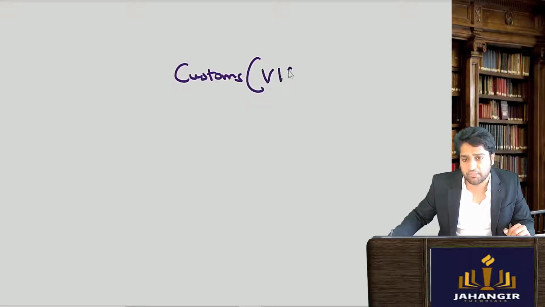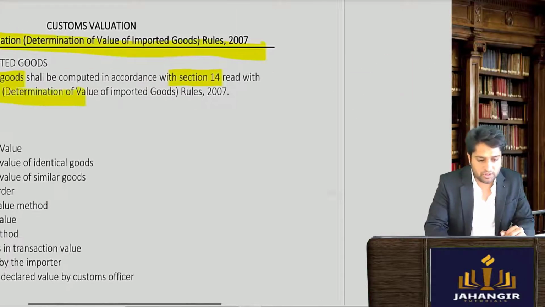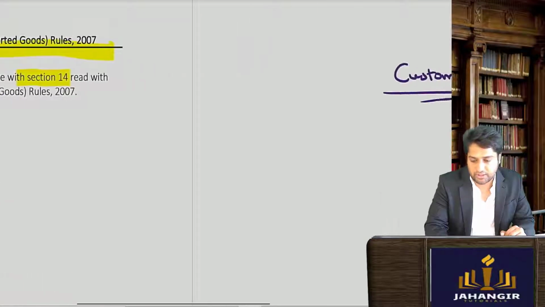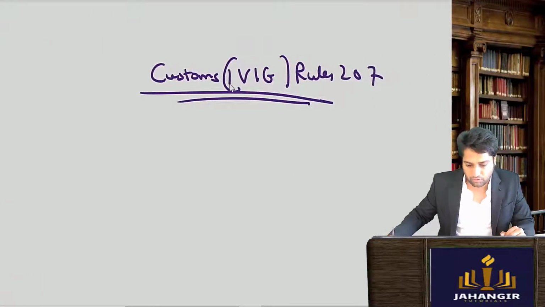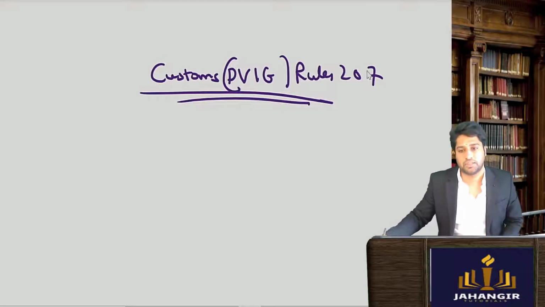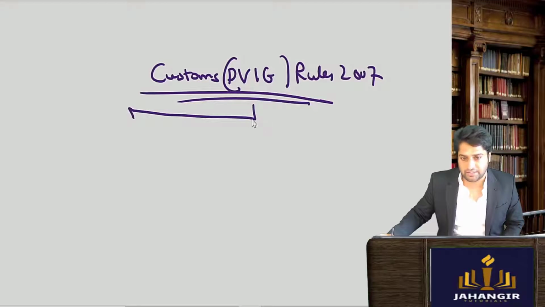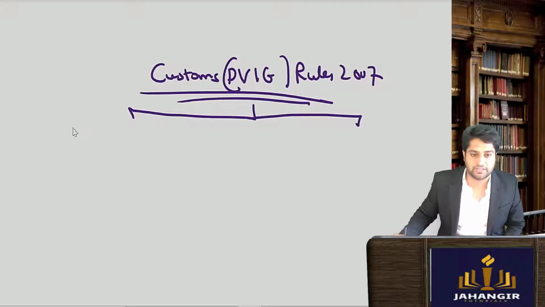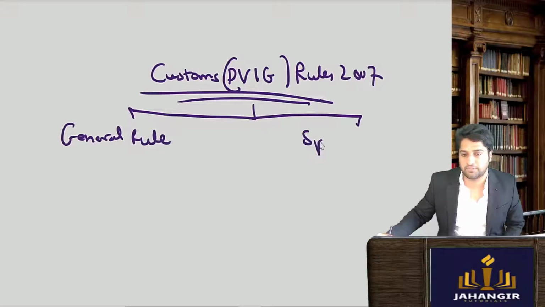The Customs Valuation (Determination of Value of Imported Goods) Rules, 2007. Now this can be divided into two categories: general rules and specific rules.